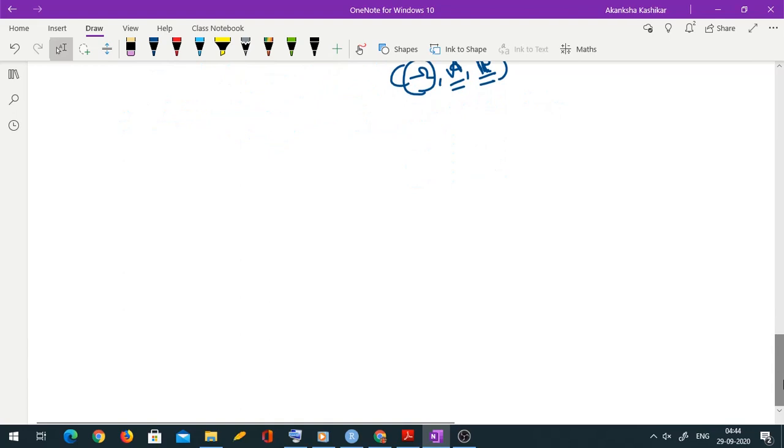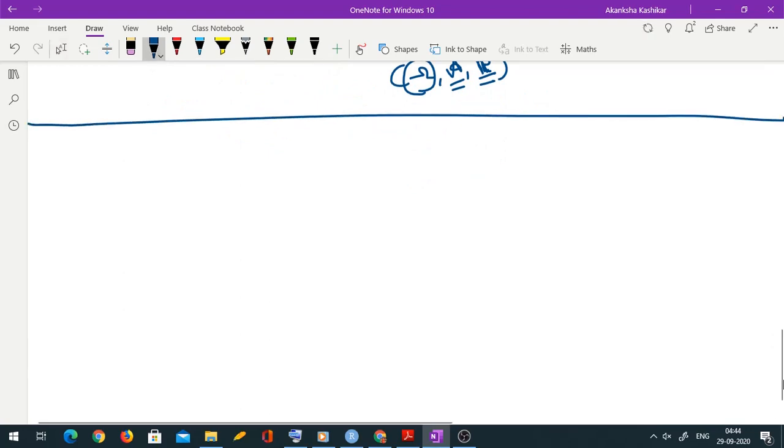Let me continue with the earlier example. We had an experiment of tossing two coins and my X is defined as the number of heads that show up in a single toss.